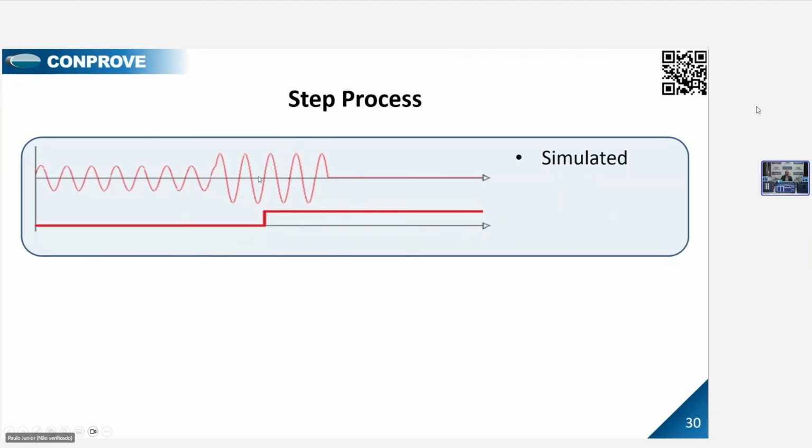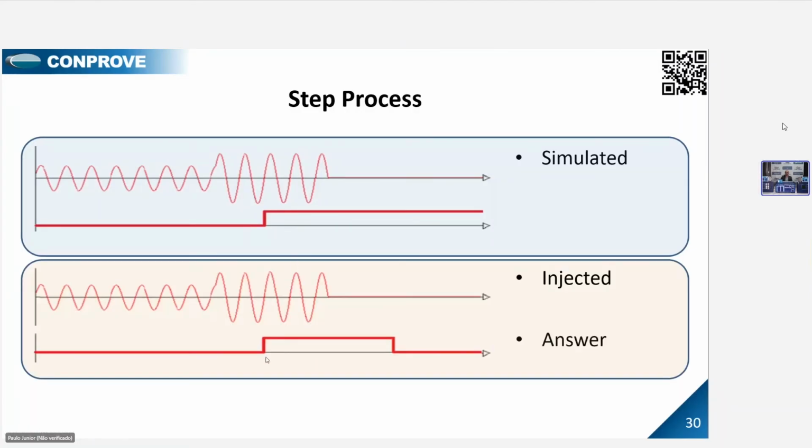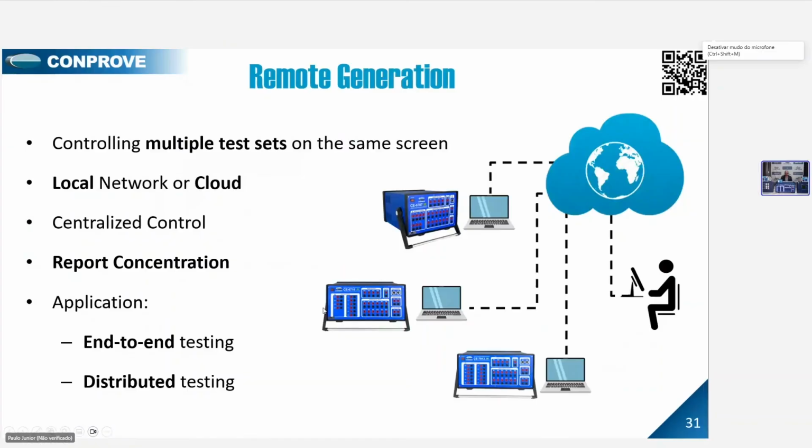We have the model with the time of the circuit breaker open, and with this, we have another simulated condition, and in the final step, we inject the last condition and verify the answer of the IED. This last injection was the same that was injected in the real-time condition. We already did tests comparing with other simulations.